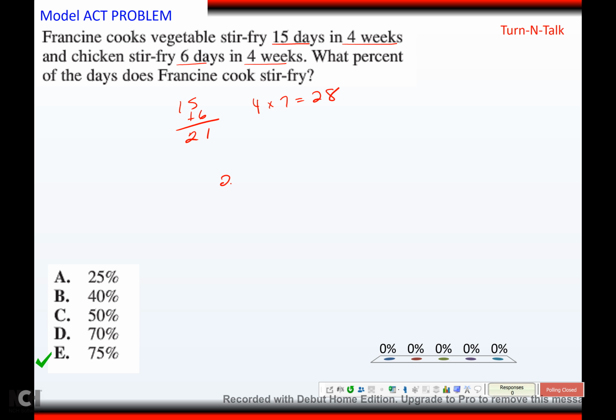So we have 21 days out of 28 days she makes stir fries. I can reduce these by 7. 7 goes into 21 3 times, 7 into 28 4 times. That's 3/4 of the time, which you should have memorized, is 75% of the time.